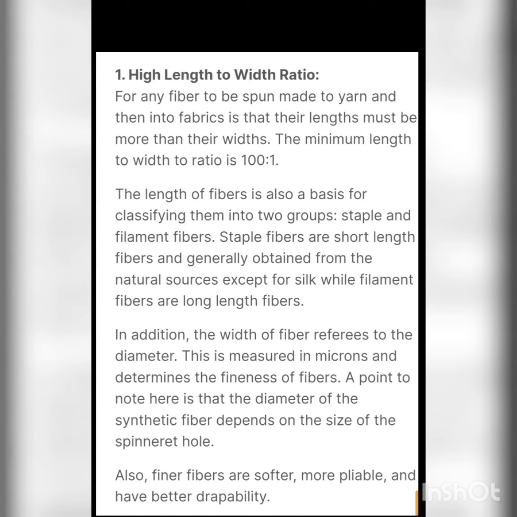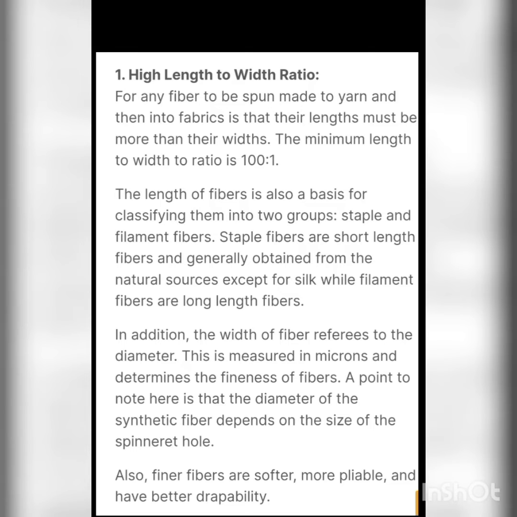The first property in this series is higher length to width ratio. For any fiber to be spun, made into yarn and then into fabrics, its length must be more than its width. The minimum length to width ratio is 100:1. It means the fiber needs to be longer than it is wide.